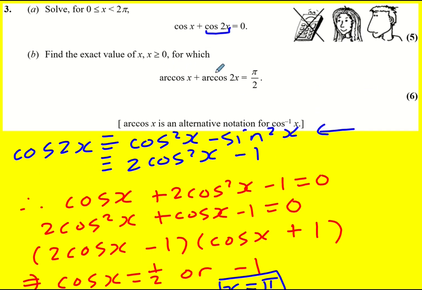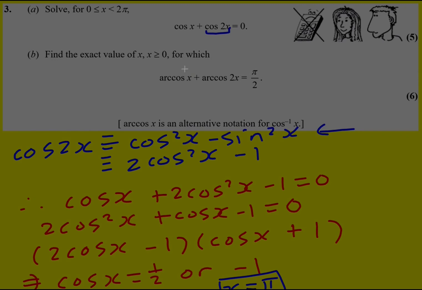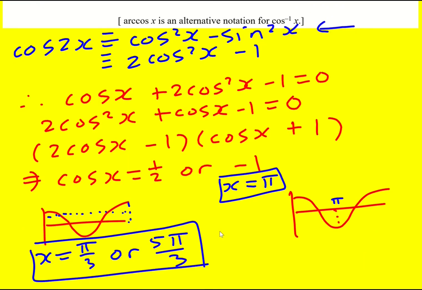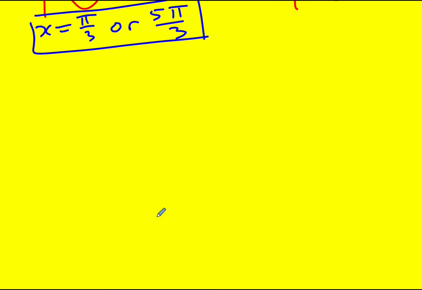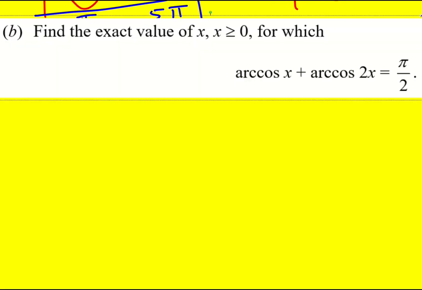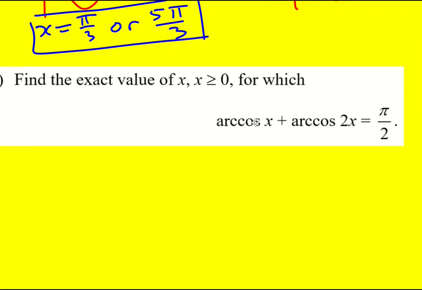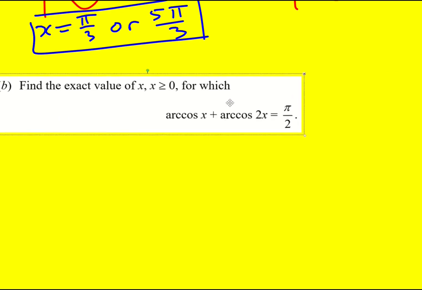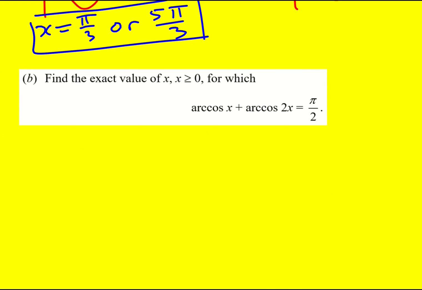A more awkward second question, because we've got some inverse cos going on. Okay, it looks like this is going to be a single value of x. Well, I'm going to write it as inverse cos.